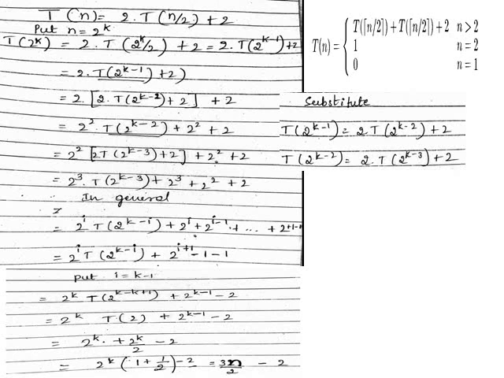When we solve this, 2 to the power of k into 1, 2 to the power of k plus 2 to the power of k minus 1, I have written as 2 to the power of k divided by 2, minus 2. That is just to put the value n in place of 2 to the power of k. Then when we take 2 to the power of k in common, 1 plus 1 divided by 2, when we take LCM it becomes 3n divided by 2 minus 2.